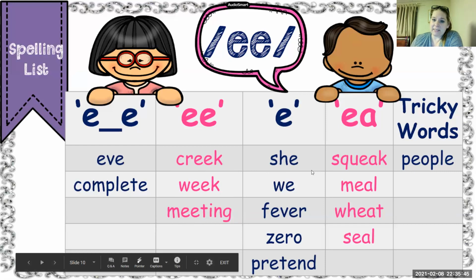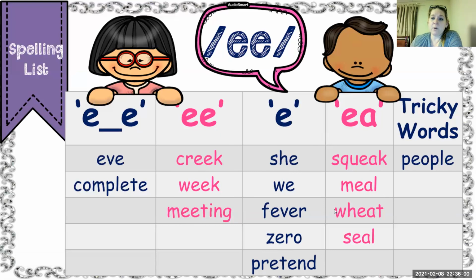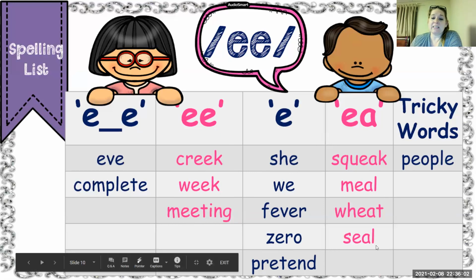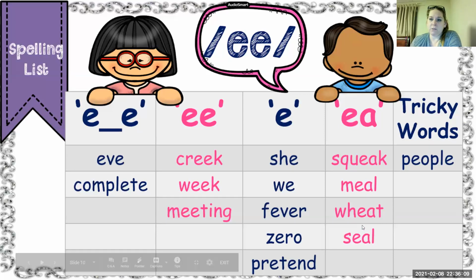For the E by itself, we have she, we, fever, zero, and pretend. For the EA spelling, we have squeak, meal, wheat, and seal, like the animal seal. And then we have the tricky word, and our tricky word for today is people.